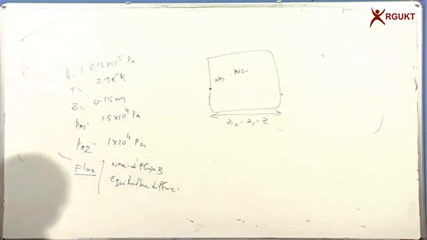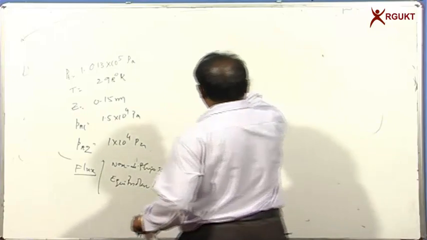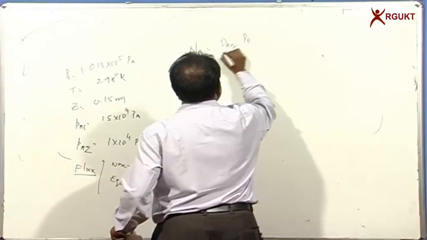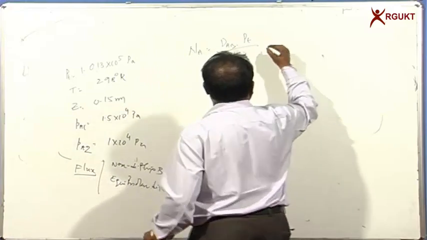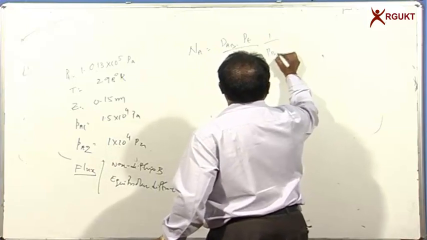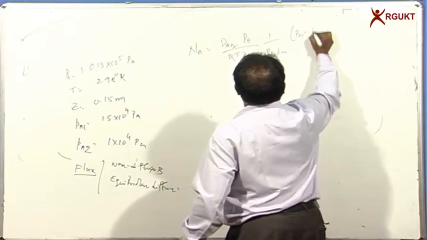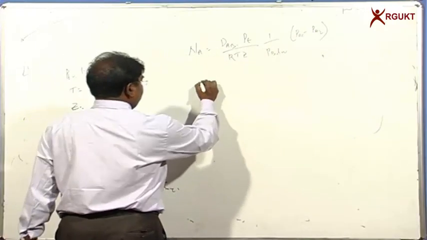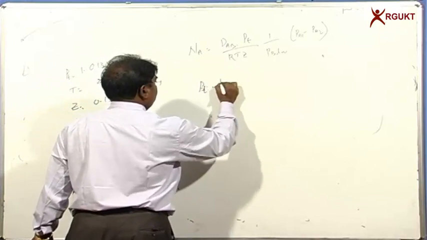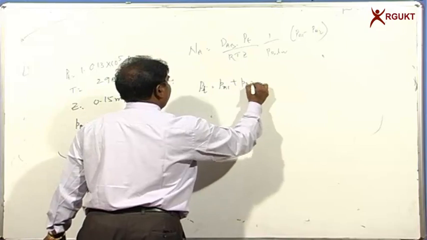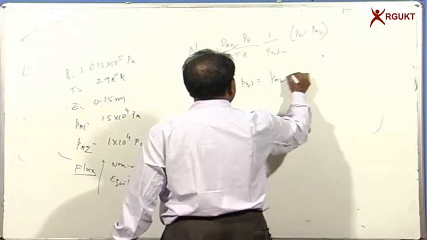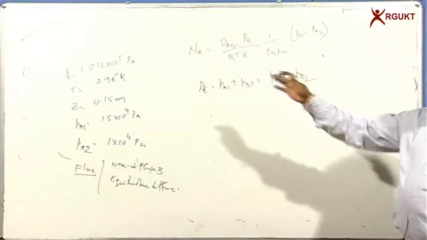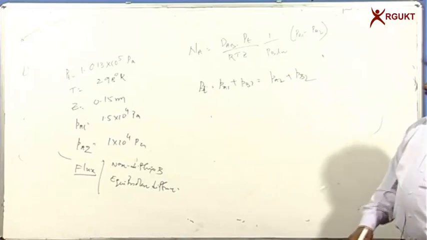In the case of non-diffusing B, we know NA is equal to DAB into PT by RTZ into 1 by PBM into (PA1 minus PA2). We know one more equation according to Dalton's law: the total pressure PT is equal to PA1 plus PB1, that is equal to PA2 plus PB2. Now PA1 is known, PA2 is known, and total pressure is known, so we can calculate PB1 and PB2.